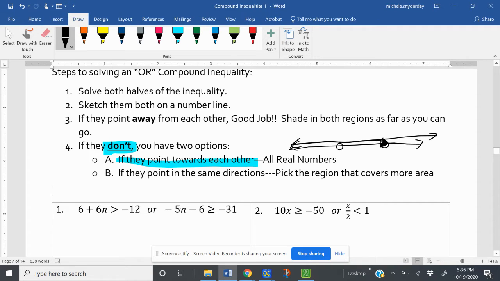So it's considered all real numbers because it would cover the entire number line. They don't stop like the word and does. They go all the way.